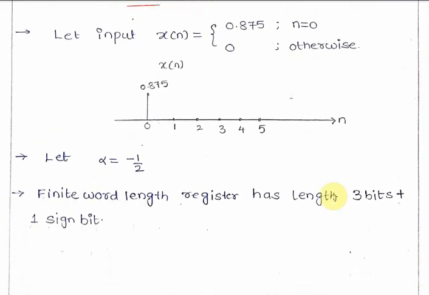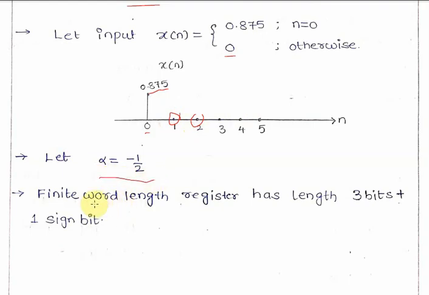Let us consider input x of n. At n is equal to 0, the value is 0.875. Other than n is equal to 0, the amplitude is 0, 0, and so on. Let the alpha value be minus 1 by 2.